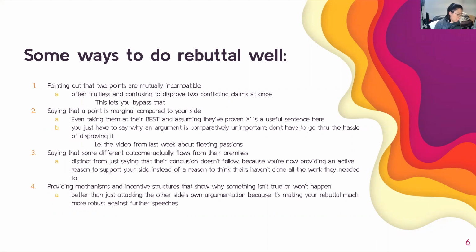Because this is where it kind of gets hard to distinguish between refutation and constructive, but you're basically just explaining, here are the structural reasons for why certain policies or certain impacts might flow from certain premises. And this means that in the future, if a team is trying to rebuild their case or refute you, it becomes significantly more difficult to engage with your case because you've also provided so many more reasons to believe why your side is preferable in that instance as well.